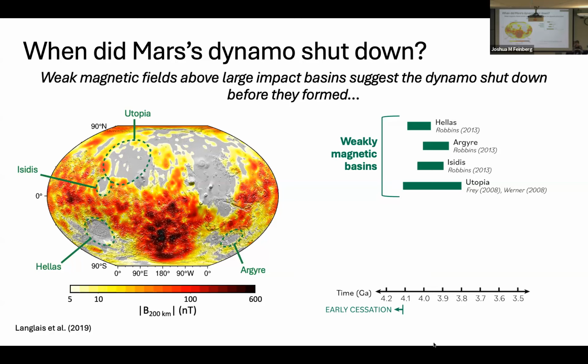And so the question, of course, is when did the dynamo turn off? One of the most popular ways of trying to answer that question is looking at these large impact basins on Mars, which look totally non-magnetic at high altitudes. And so naturally you would say, okay, well, probably the dynamo turned off before those basins formed and heated everything. So that gives you a dynamo cessation before about 4.1 billion years ago.